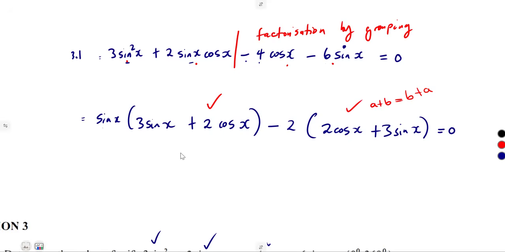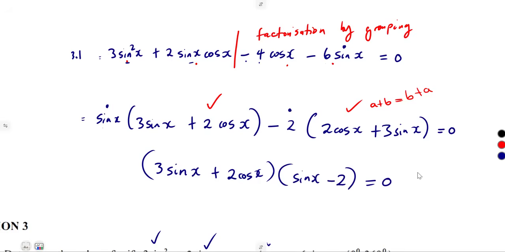I'm just going to take the first presentation: 3 sine of x plus 2 cos of x. Guys, it is the same thing as taking this. It's just one and the same. There's nothing different. So when we factor out this common bracket, we are going to remain with what here? With the sine of x. Here we are going to remain with minus 2 in another bracket. So that's equal to 0.